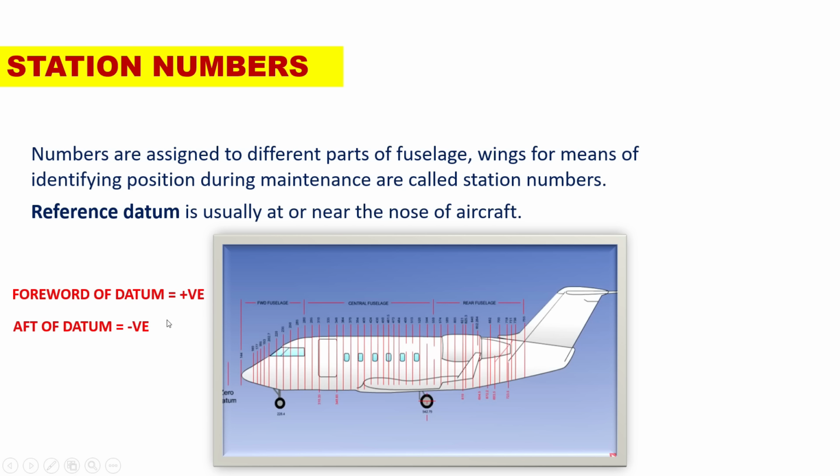So the first thing we do, before dividing it, is enter a zero datum, a reference datum. A reference datum is usually at or near the nose. In this diagram, you can see this particular line here is the zero datum.